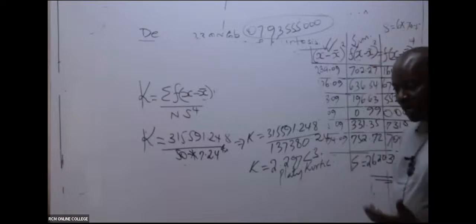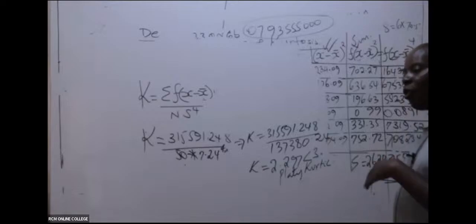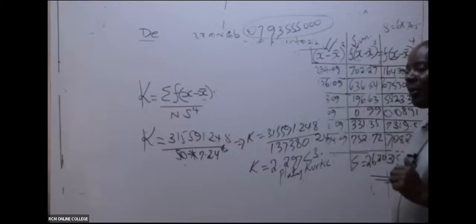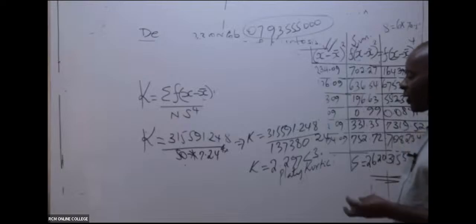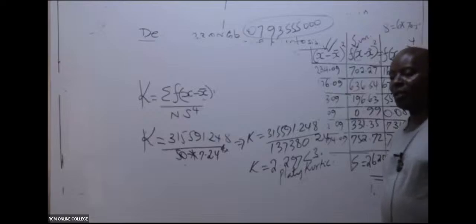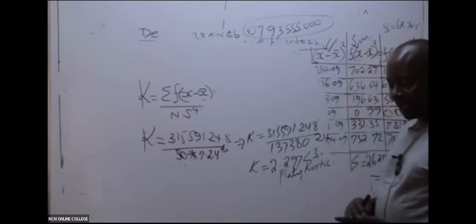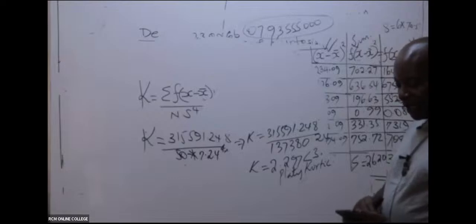3 is the benchmark. 3 is normal. When it's 3, we talk about mesokurtic. Anything below the normal 3 is flat, and we call it platykurtic. It's a platykurtic distribution, from the name platy.